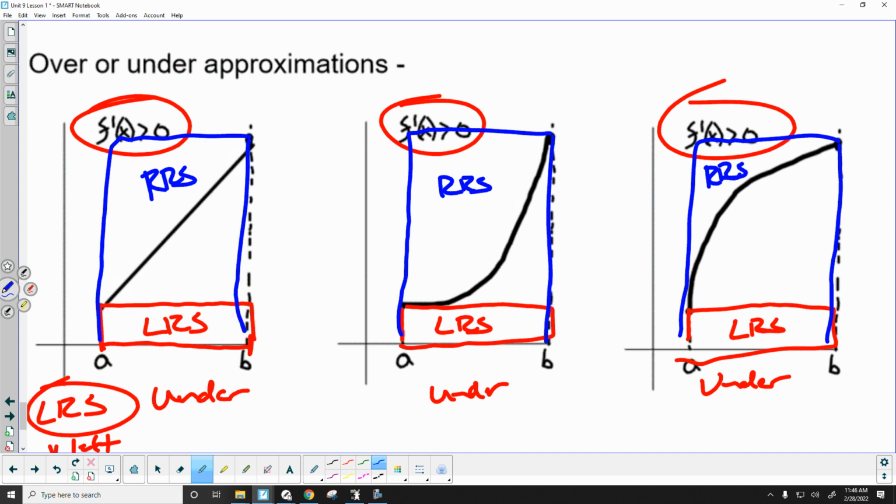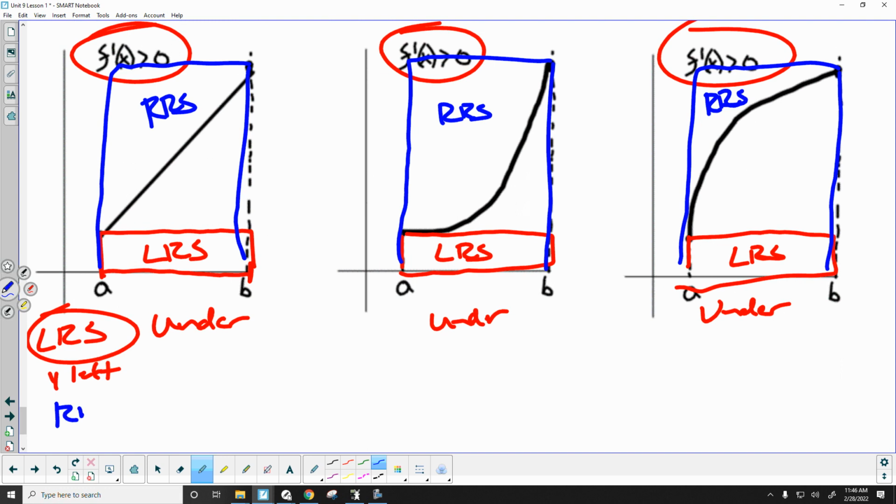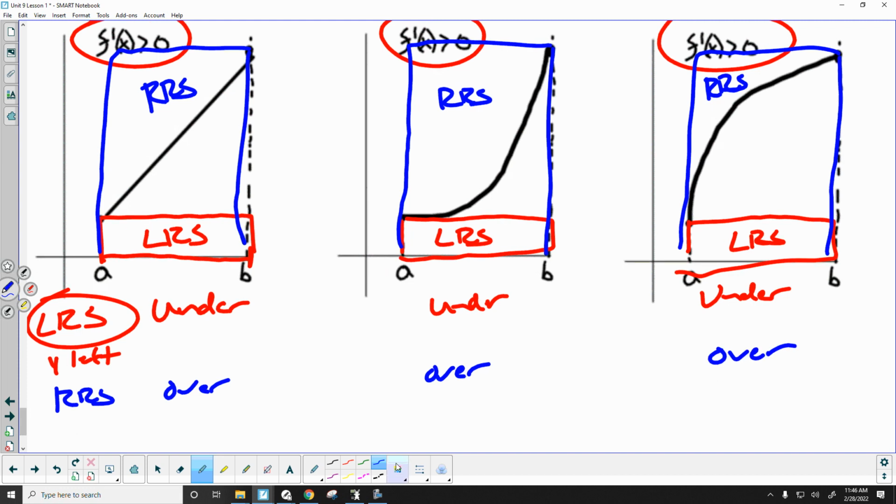Tell your neighbors, what about trapezoid? Morelli, hit me. I'm open. You're exactly right. There's no concavity. It's right on it. If it's concave up, it's more. If it's concave down, it's less.